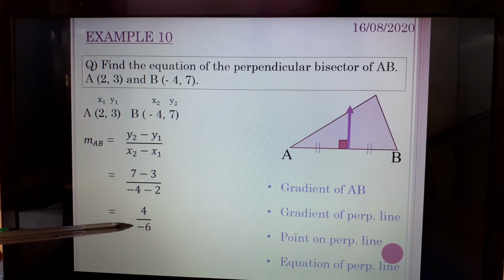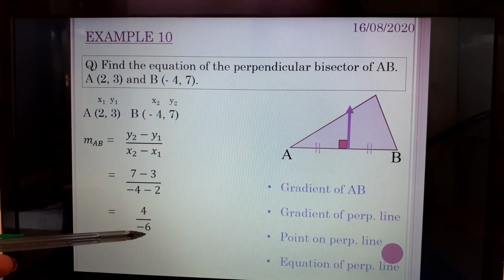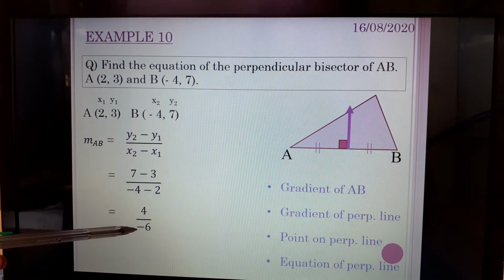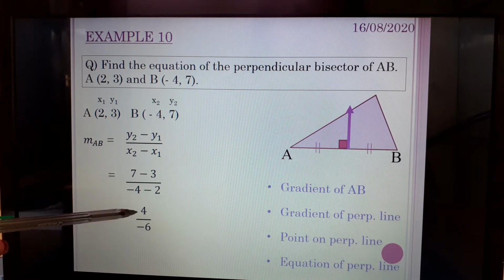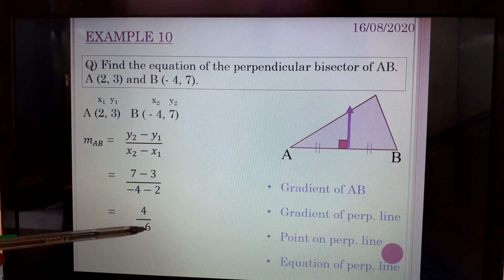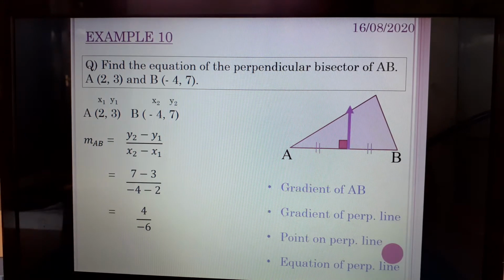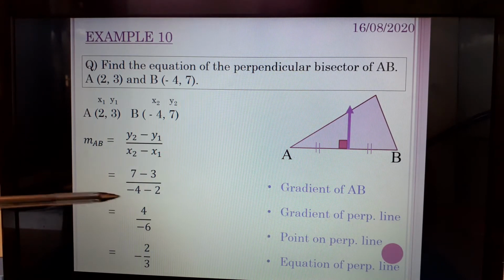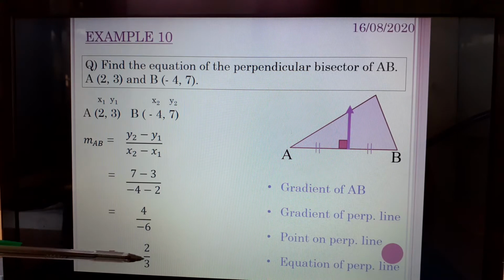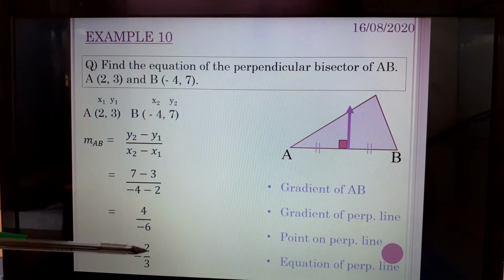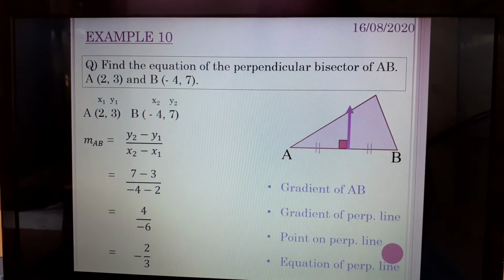If you leave the negative hovering beside the number in the bottom, it will look as though you don't know the very simple fact that a positive divided by a negative is an overall negative. It will look as though you don't know what to do with it. And obviously we have the 4 and the 6 that we have to simplify as well. So look how the negatives become an overall negative, and the 4 and the 6 have simplified to 2/3. So we've got a negative 2/3 as our gradient.